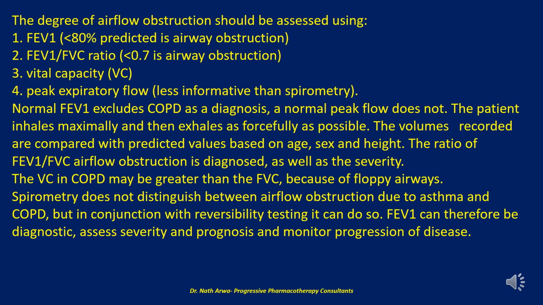Forced expiratory volume in 1 second less than 80% predicted is airway obstruction. 2. Forced expiratory volume in 1 second to forced vital capacity ratio less than 0.7 is airway obstruction. 3. Vital capacity, version C, and 4. Peak expiratory flow, less informative than spirometry.